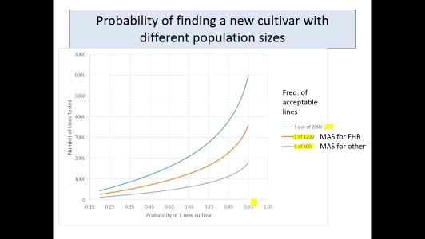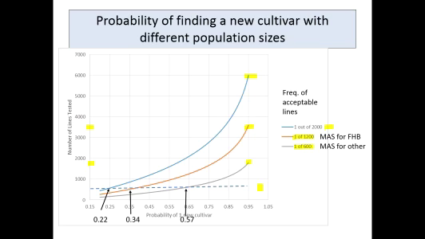If I want to be 95% certain of finding a new variety, I have to test 6,000 like I showed. And with marker-assisted selection for FHB, I now only have to test about 3,500, and marker-assisted selection for multiple genes, now I'm again about 1,800. So you can figure this out for your program, how efficient you are.